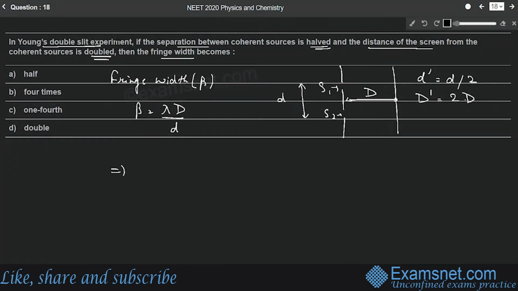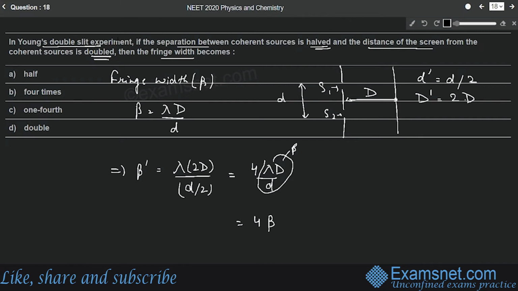Now new fringe width will be what? Lambda into 2D, because capital D has been doubled, and divided by small d by 2, because small d has been halved. Okay, so it will be equal to 4 lambda D by small d. Okay, so we know lambda D by d is beta, that means initial fringe width, so it is 4 times the initial fringe width. Okay, so it will be option B, that is the correct answer.